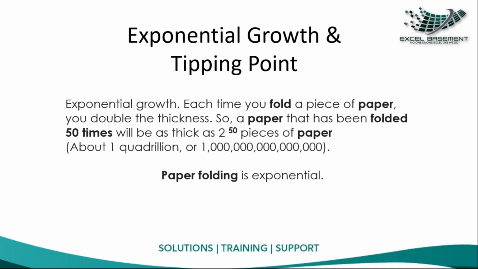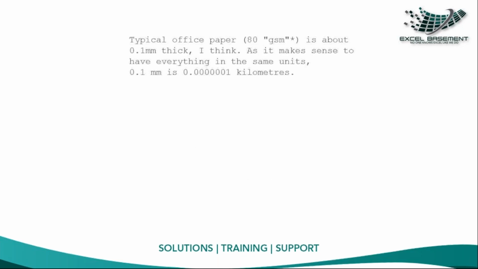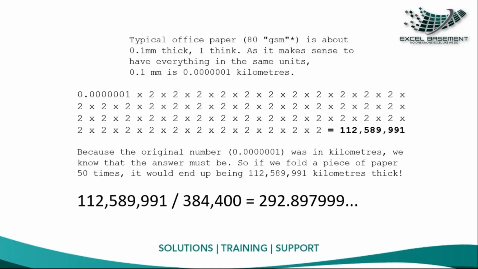In my previous webinars and in this webinar, I try to give a simple example: if you hold a piece of paper which is 0.1 mm thick and you fold it 50 times, you will see exponential growth. If a piece of paper is 0.1 mm, which is 80 grams, and you convert it into kilometers and fold it 50 times, you will get a certain number.